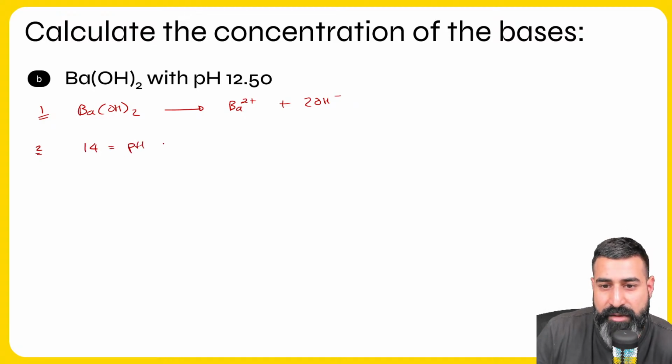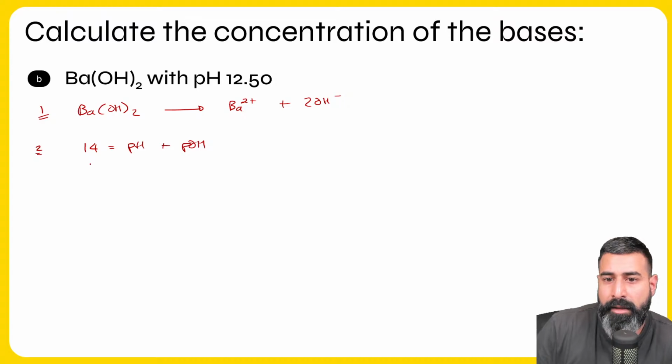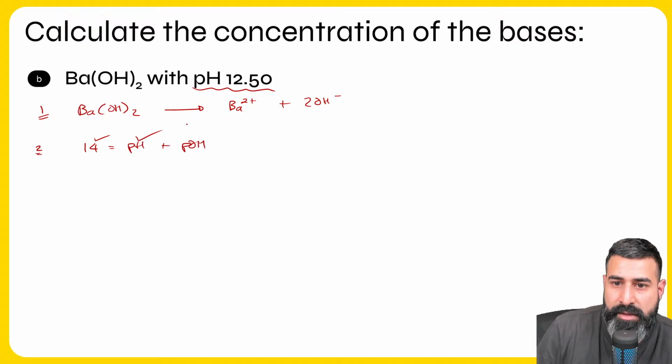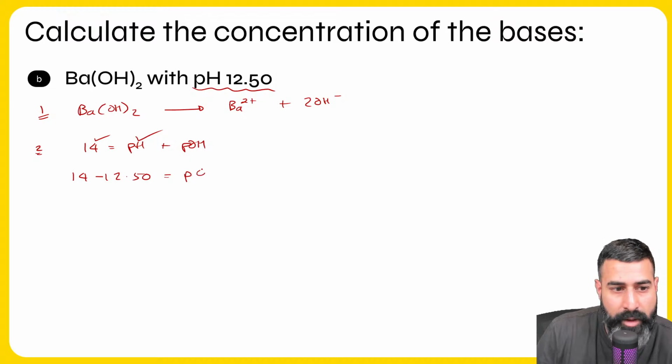Okay, so let's start with our 14 equation. Whatever works for you, I'm going to say. But we know 14, that's given to us, and the pH is also given to us at 12.5. So 14 take away 12.50 is equal to pOH.